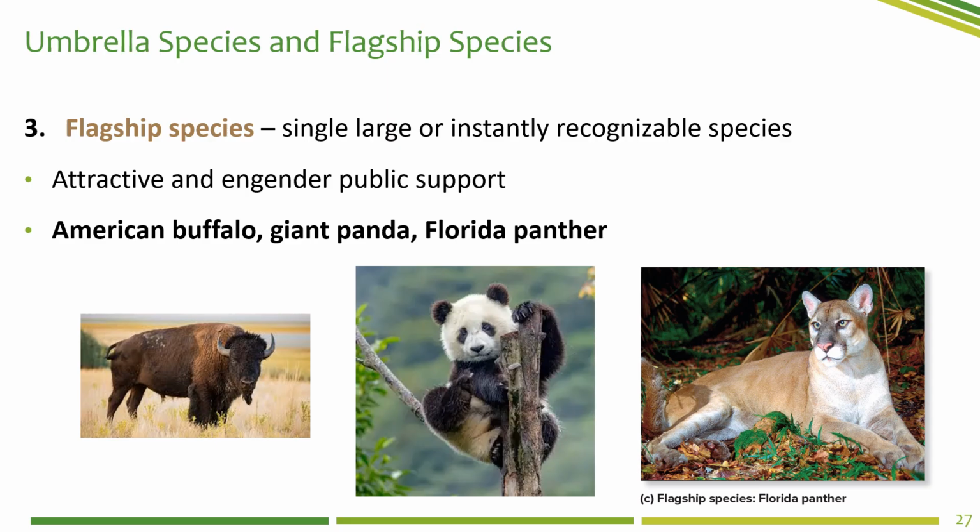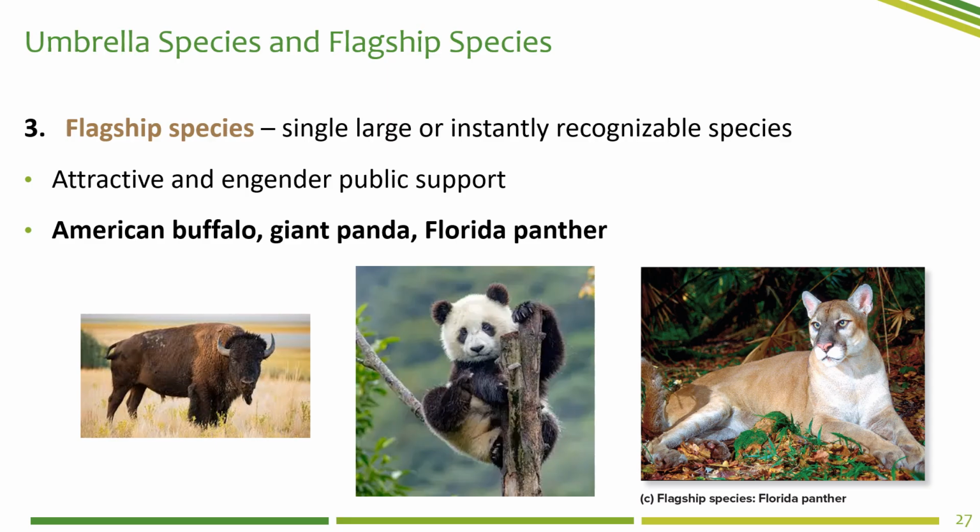Maybe they are a symbol of the American West, or they are absolutely adorable roly-poly giant raccoons, or maybe they are majestic, big, beautiful cats. So these are animals that are going to attract attention, and they are easy to use for public support because people are already rallied behind them.